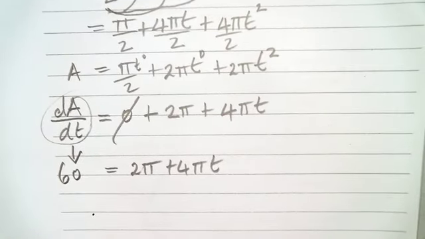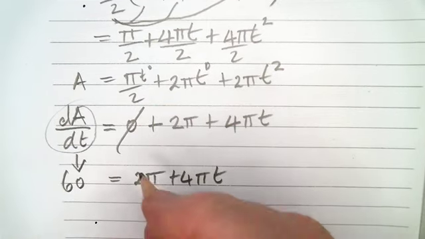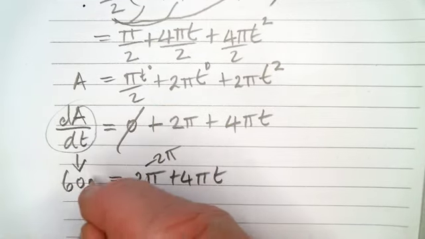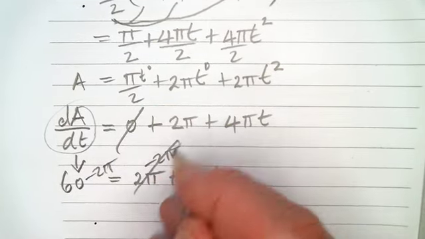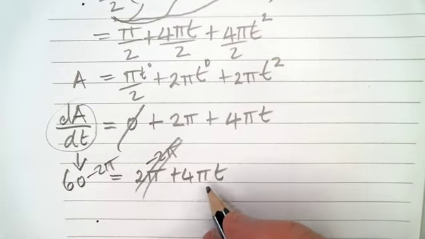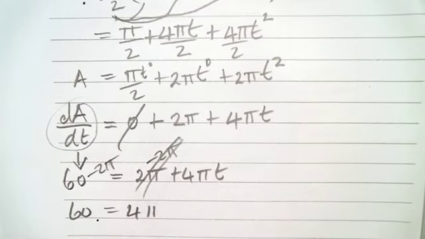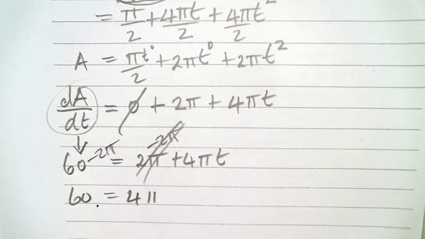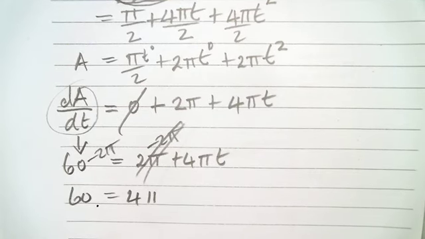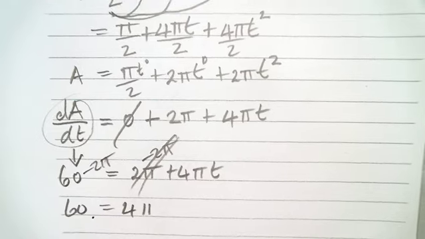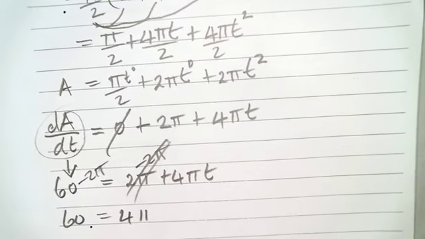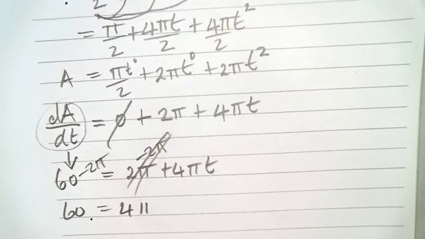So I want to find out what t is. So let's make t the subject. So I'm going to subtract 2 pi from both sides. Oh, wait, I better do that properly. I'm being a bit hasty there because I've got to write all these digits.